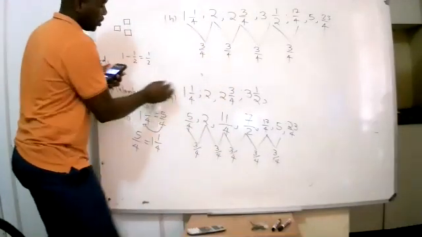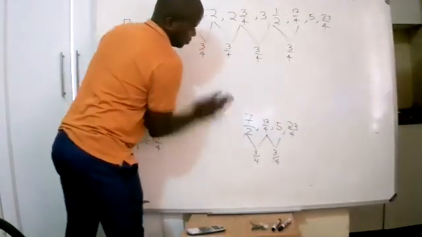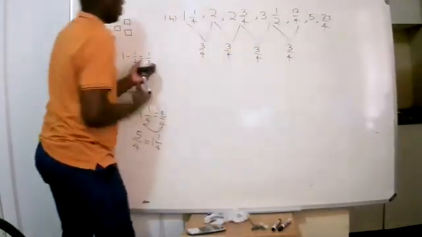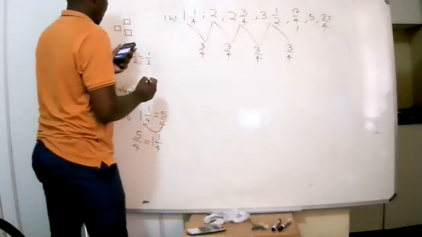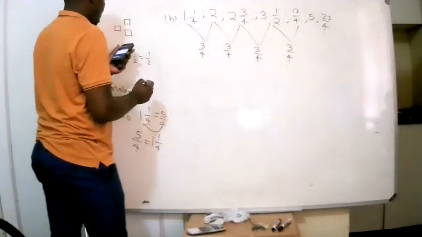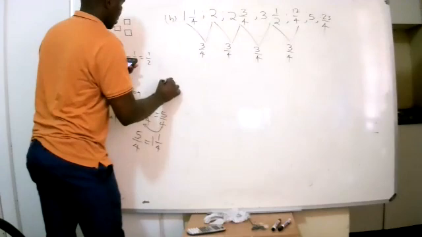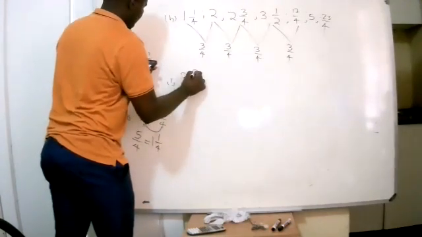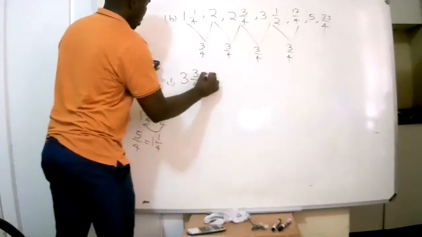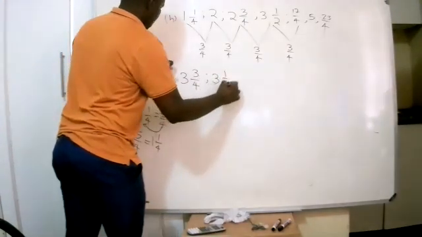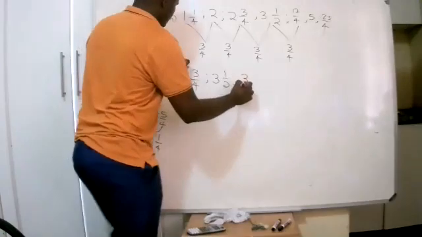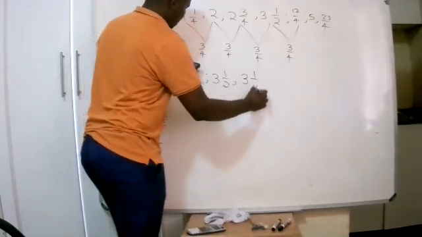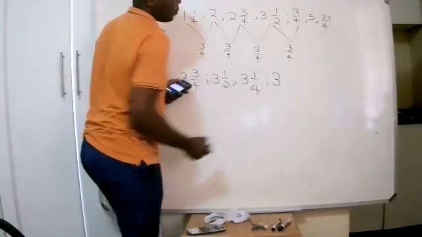Let me give you a question to try. On question number 1, we have 3 whole number 3 over 4, 3 whole number 1 over 2, 3 whole number 1 over 4, and 3.